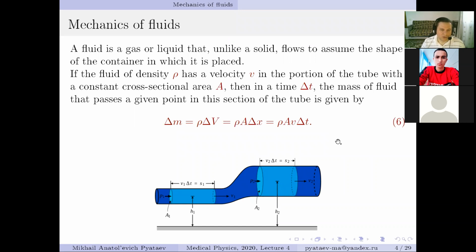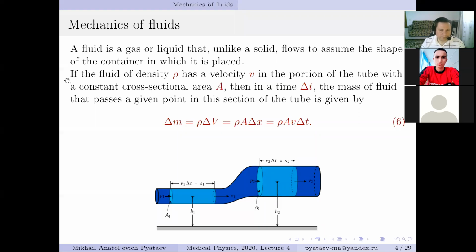Actually, we have included not only those 2 models, but we also have considered waves in the medium, which is actually a sort of mechanics of continuous medium. And another sort of continuous medium is fluid. And fluid is a gas or liquid that assumes the shape of the container in which it is placed.